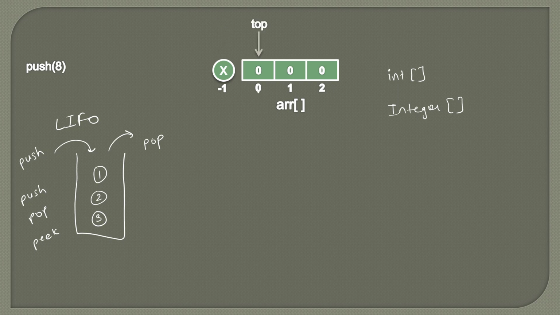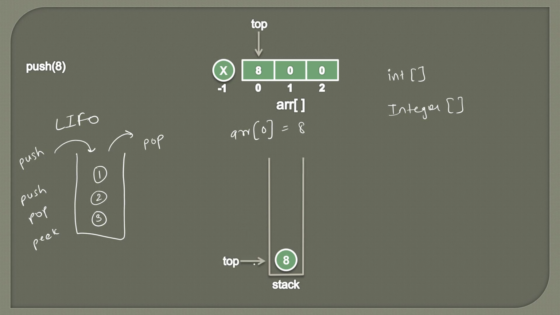As it is pointing to the 0th index, we simply assign the value 8 like this. So 8 comes here, and in the visual representation of the stack, the element is pushed into the stack and top is pointing to this element.